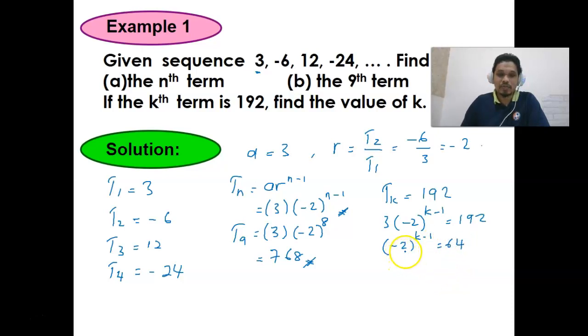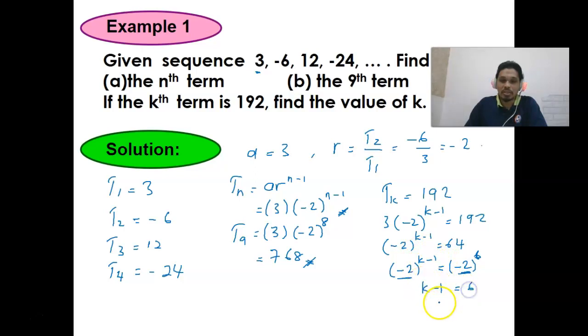For this case, you may use the log or whatever, but I'm just thinking of coming up with negative 2 to the power of 6, and negative 2 to the power of k minus 1. You can see now the bases are equal, so we can ignore them and just focus on the index, which is k minus 1 equals 6, then k equals 7. There you go.